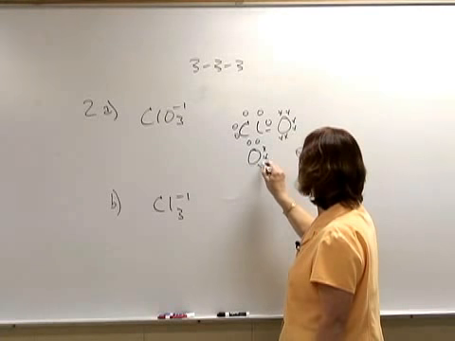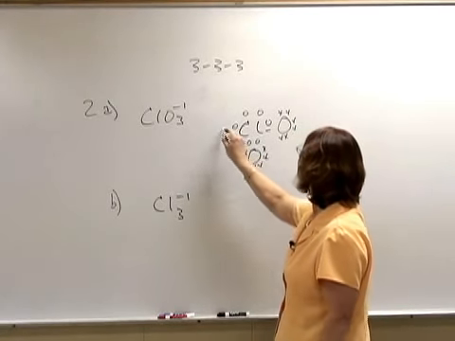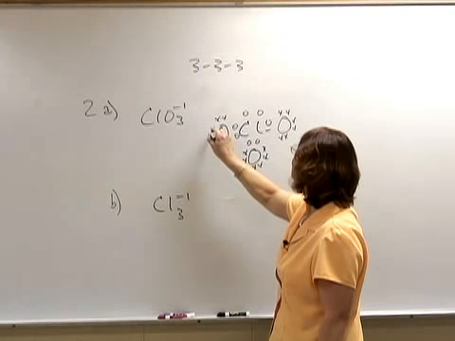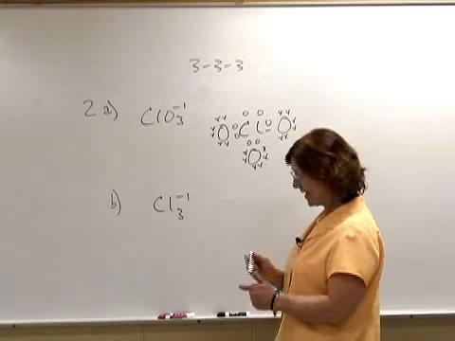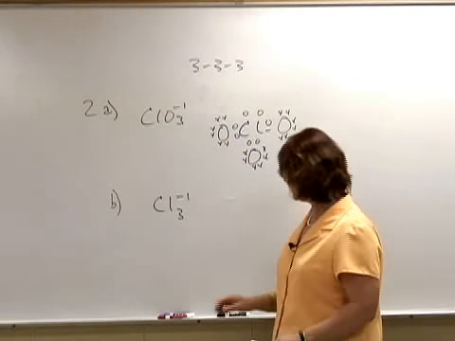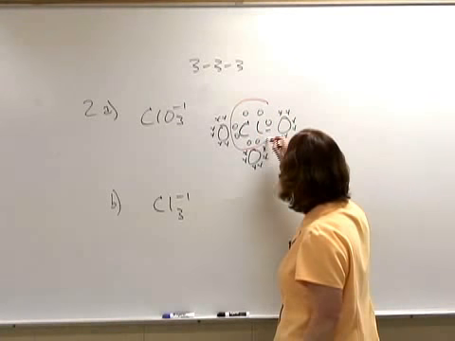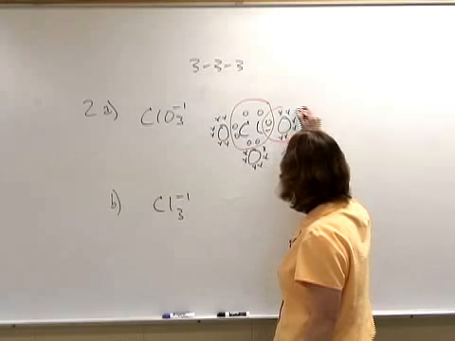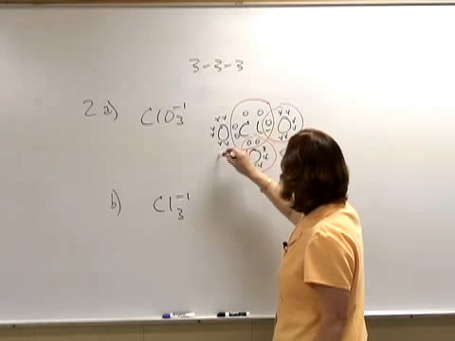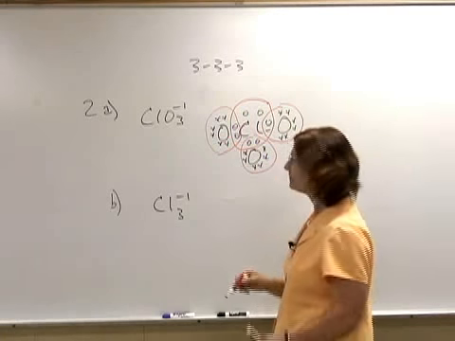And I have 3 oxygens. And that gives me an octet around each one. And here's my octet. And here, and here, and here.